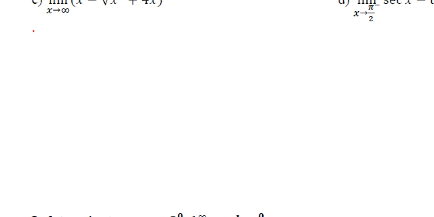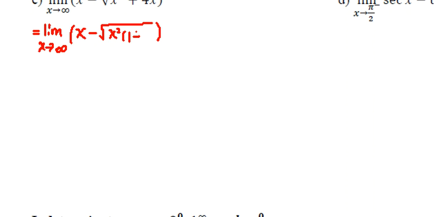Now, to begin, this is the trick that we're going to use. The limit as x approaches infinity. We want to convert it into a 0 times infinity type, okay? So I'm going to factor out x squared inside the square root, so we're left with 1 plus 4 over x.